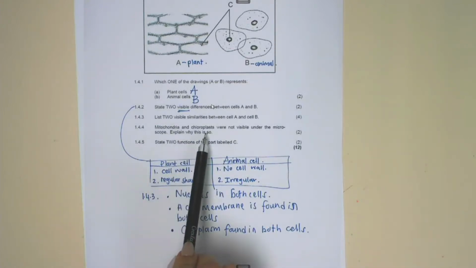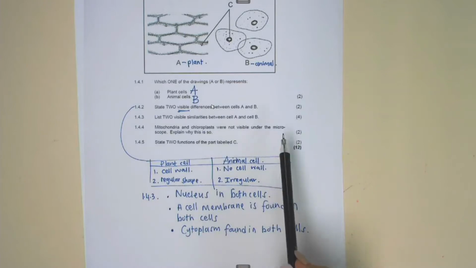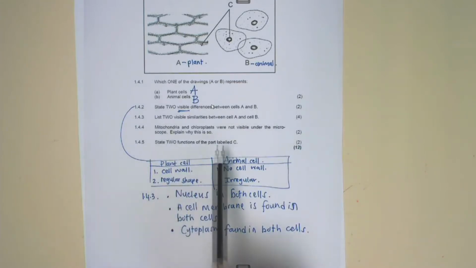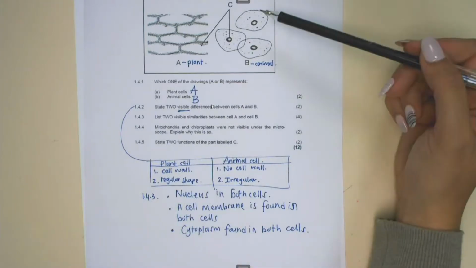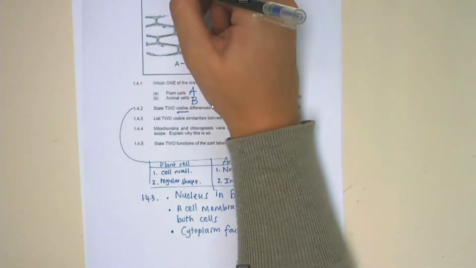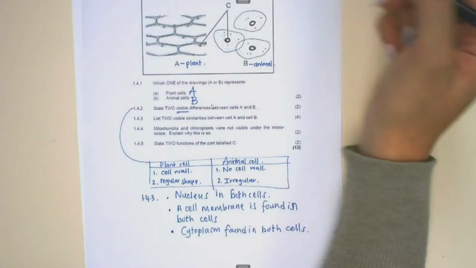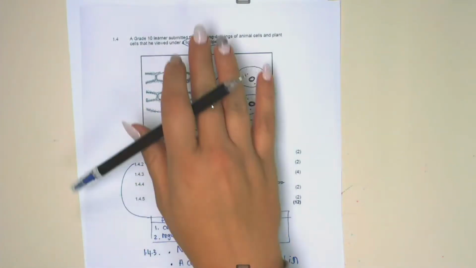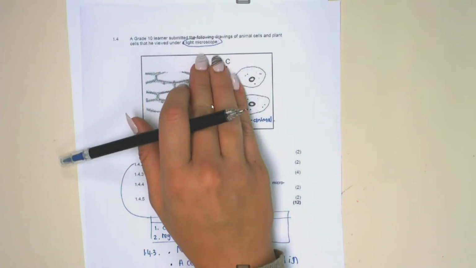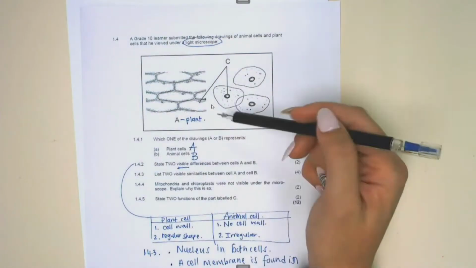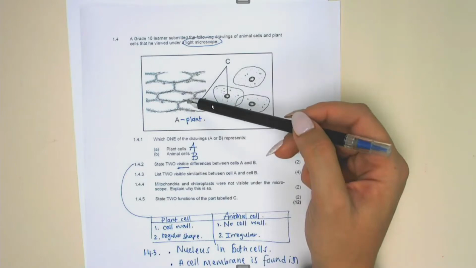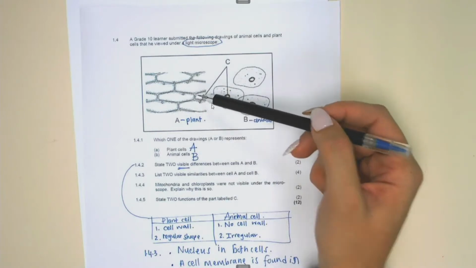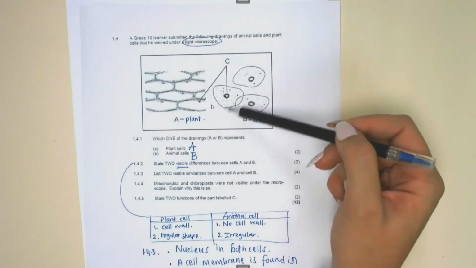Then they said mitochondria and chloroplasts were not visible under the microscope. Explain why this is so. Because remember, this is what you saw under a light microscope. They wanted to know, why is it not possible for us to see the mitochondria and chloroplasts in these two?